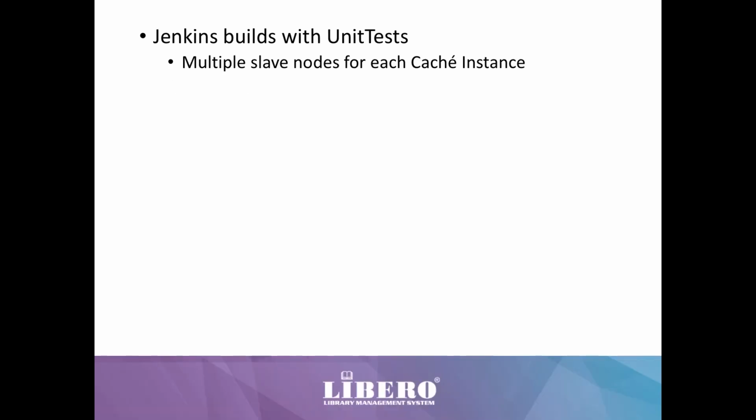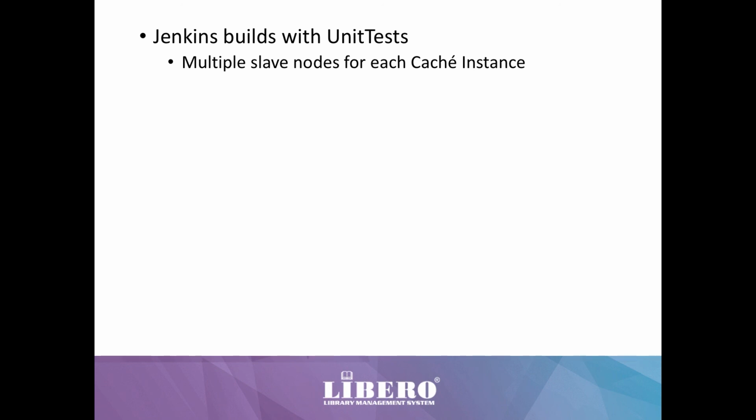In Libero, we already have some Jenkins continuous integration with unit tests. It's a very big task. Building the application needs at least 1 hour. But now, how does it work?